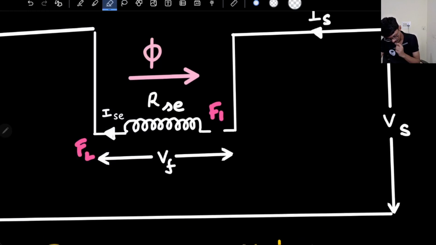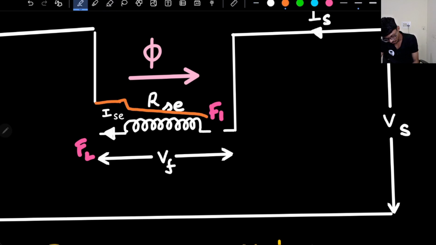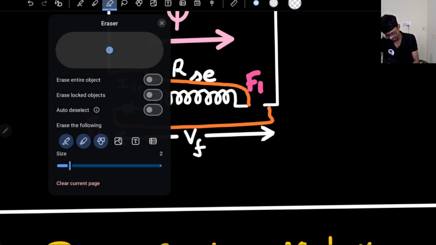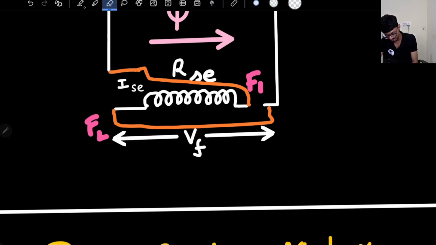So the F1 can be connected to A1 and F2 will be connected to the supply. Now if we see, the direction is on the right hand side, it is not anymore on the left hand side. So the field current direction has changed.